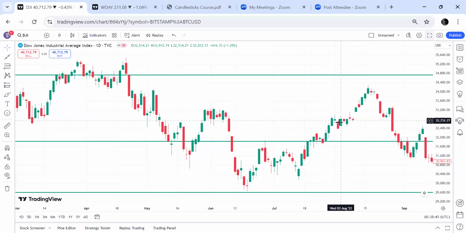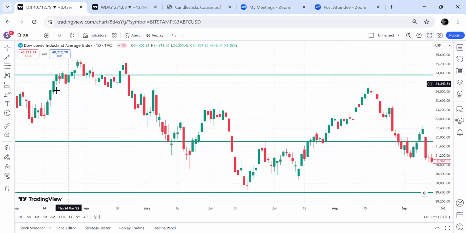For example, you can take this Marubozu candle on 2nd August 2022. This is approximately a 300 point candle. But still, we don't need to give importance to this candle because it forms when the market is in an upward direction. When the market is in an upward direction, if a bearish Marubozu candle forms, we have to leave it.